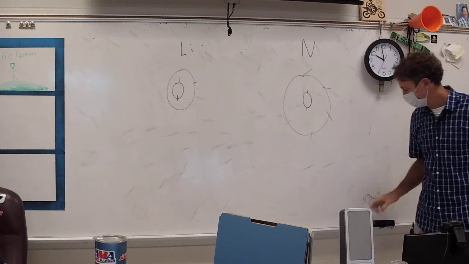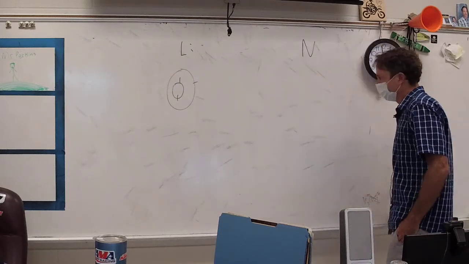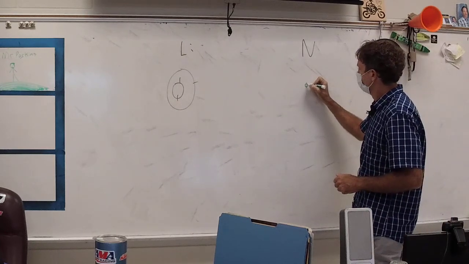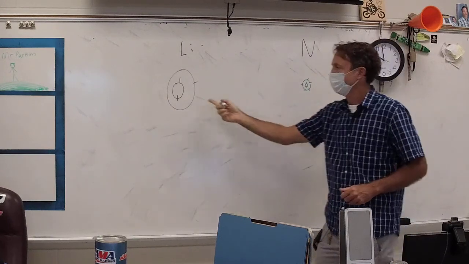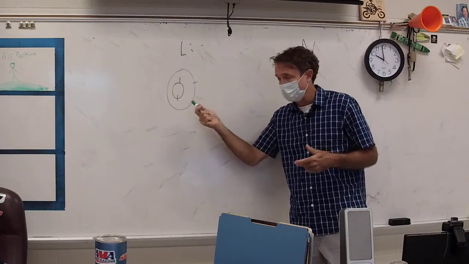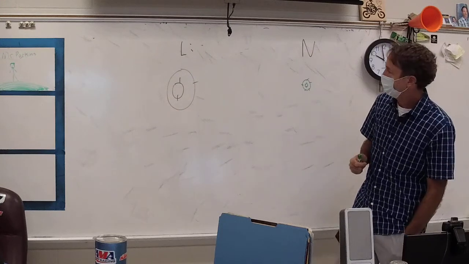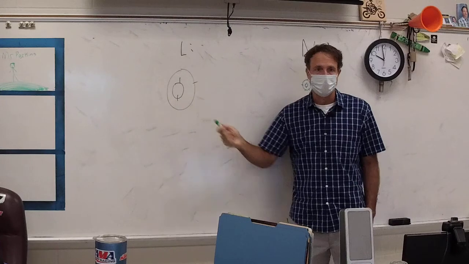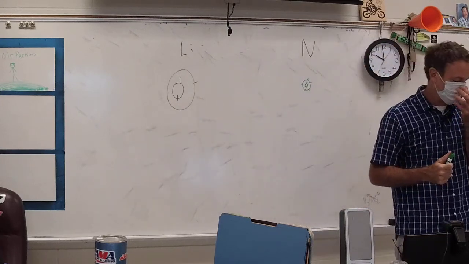But here's the catch. It's smaller. This Bohr model of nitrogen would be much smaller than the Bohr model or the actual size of the atom of lithium. Now, why do you think nitrogen would be smaller than lithium if we were talking about the radius of the actual atom?